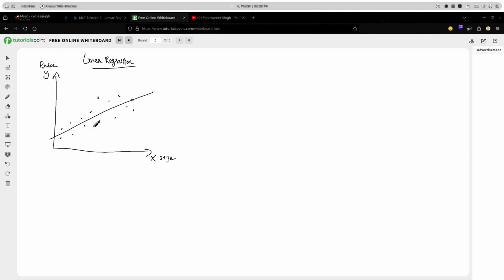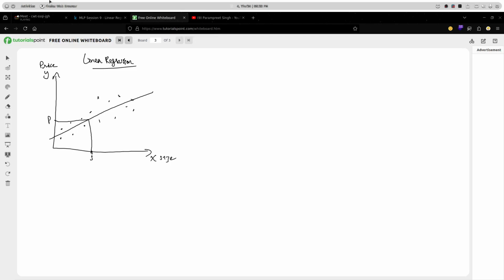Now based on this line we will predict the house prices. How? Let's suppose the size is this. Wherever the size intercepts this line, at the same point the y-axis value will be the price of our house. So this is how linear regression works.